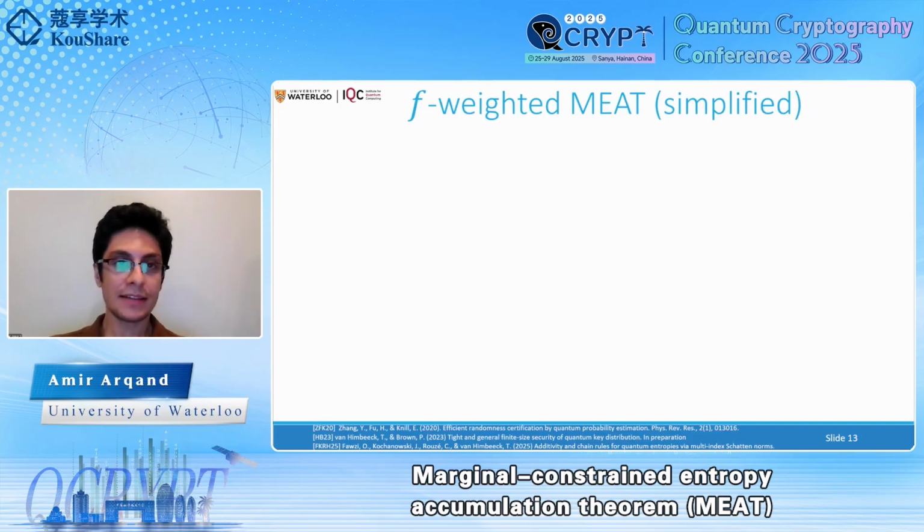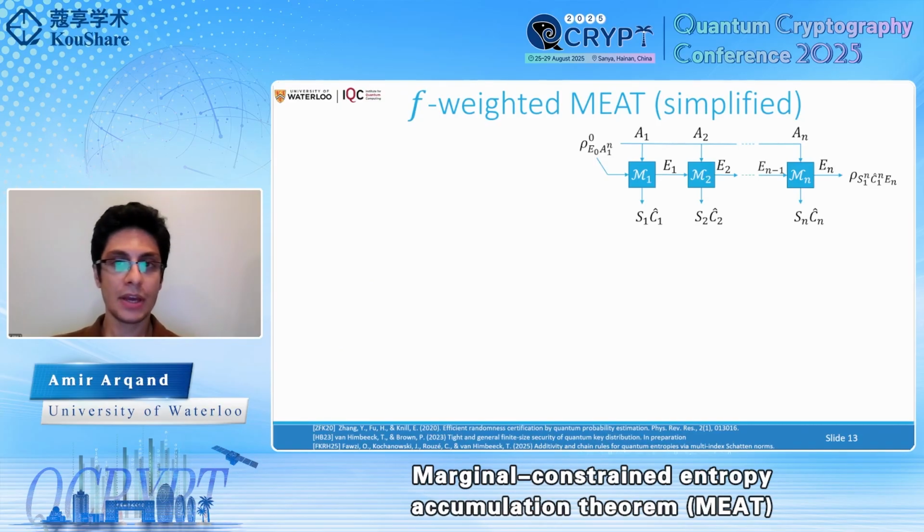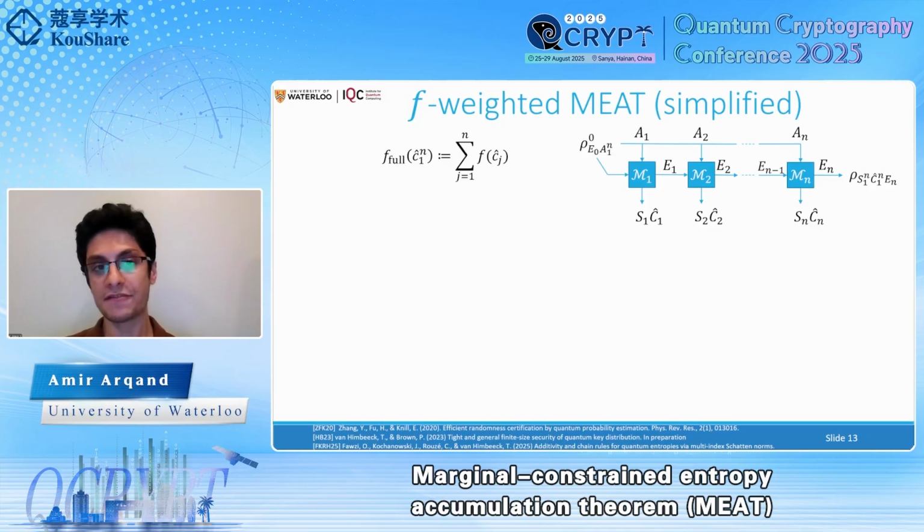So it turns out that F-weighted entropies also satisfy a meet statement, which we're going to explain very briefly. So if we look at the general form of the meet, as I explained earlier, the sequential structure, let us define the full estimator, F full, as the sum of individual estimators for each individual round.